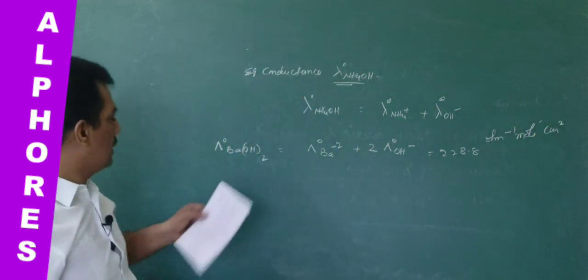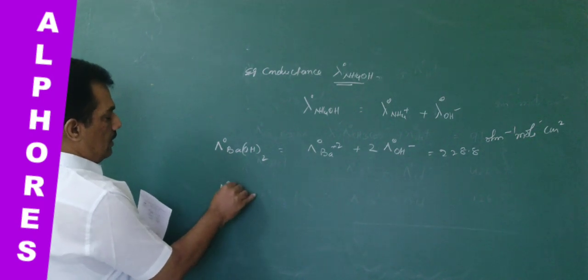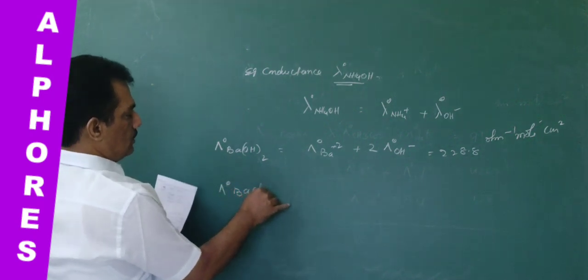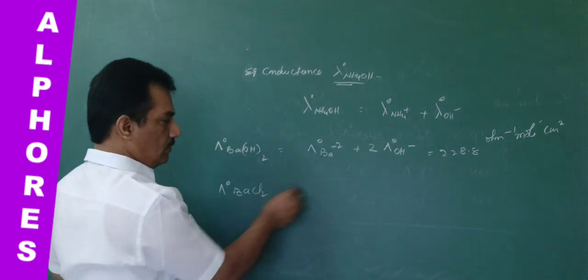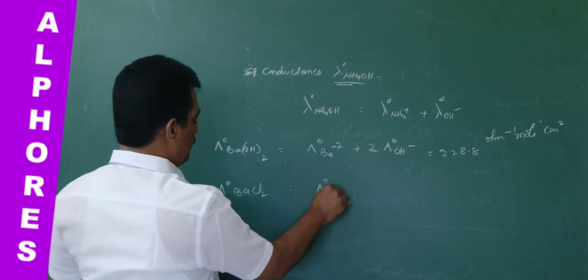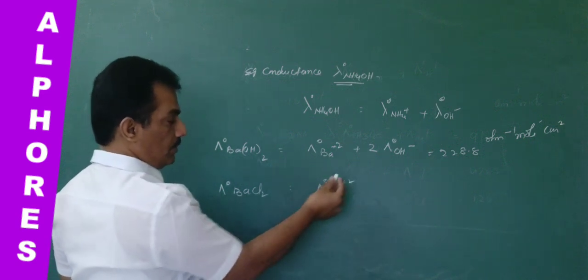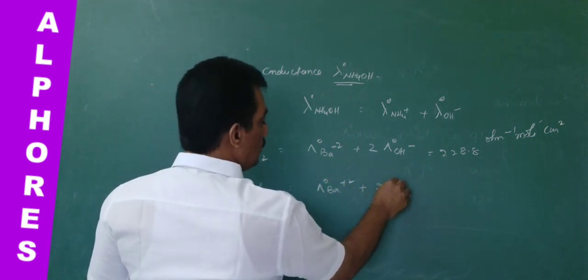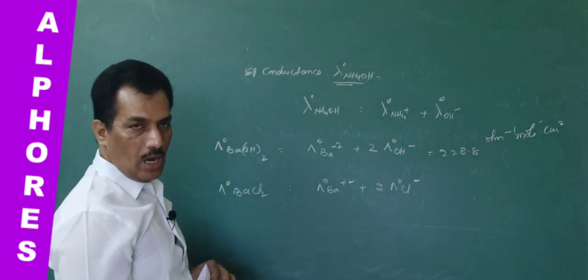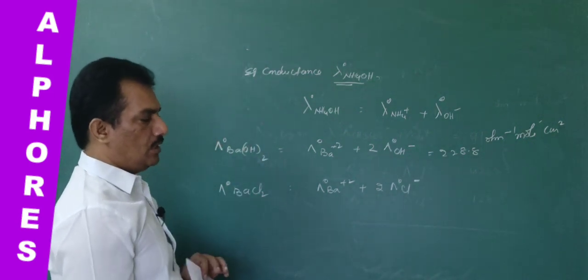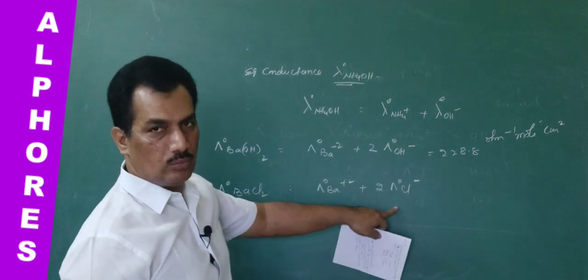Clear? And now coming to the next one, BaCl2, which is also given. From this electrolyte, the ions responsible for conductance are again Ba plus 2, and here 2 moles of chloride ions are present in 1 mole of the electrolyte, and thereby we are taking 2.